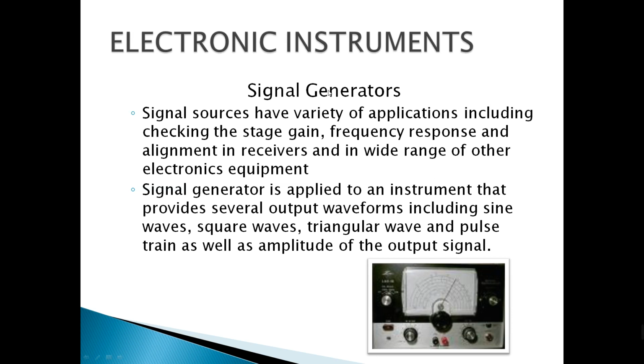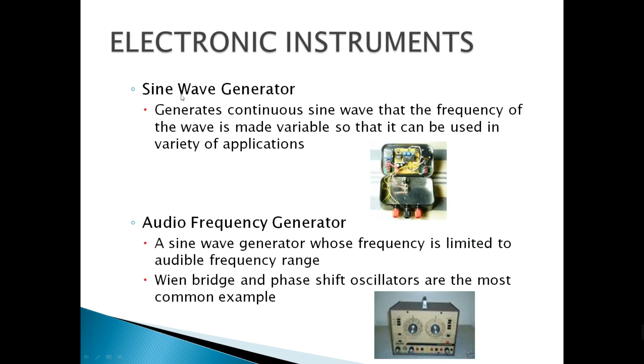Then we have signal generators. As the name itself says, a signal generator is a generator of different kinds of signals. Can be sine waves, square waves, triangular waves, and pulse trains, as well as amplitude of the output signal. Then we have sine wave generator, mainly for sine wave.